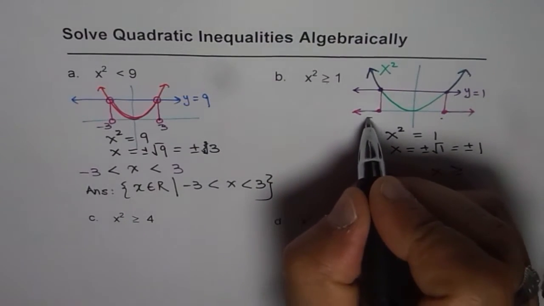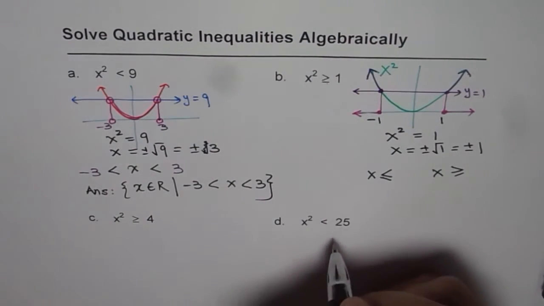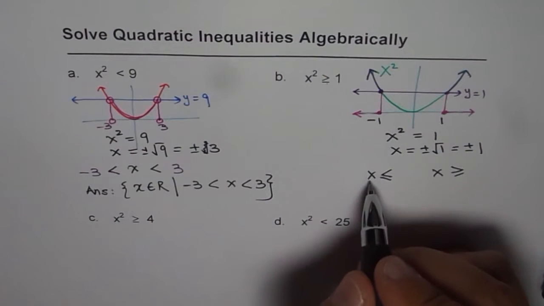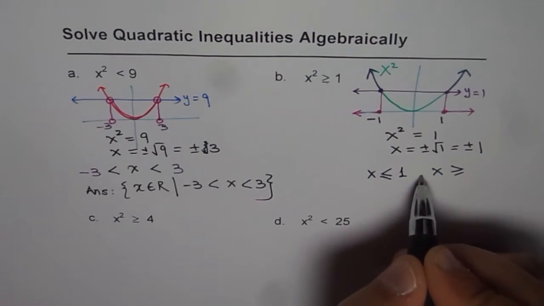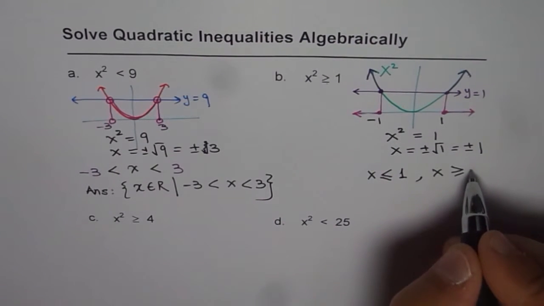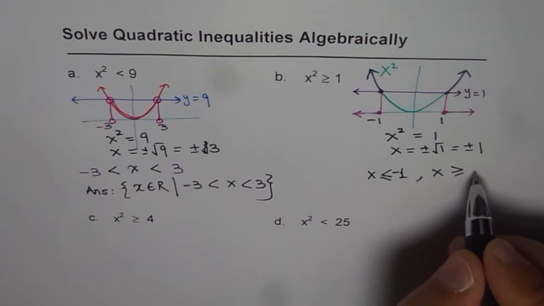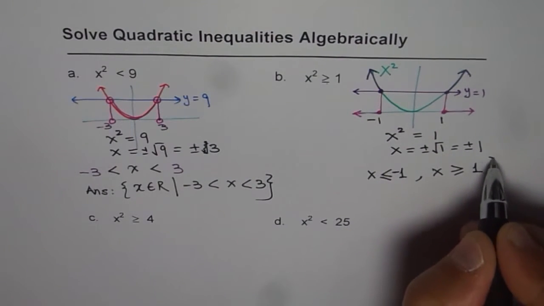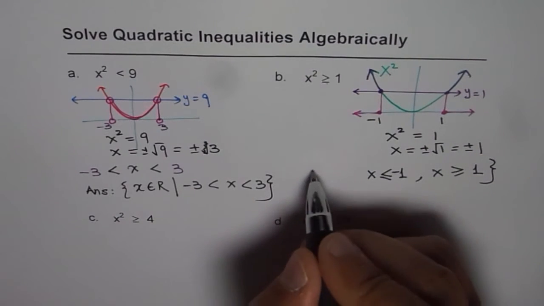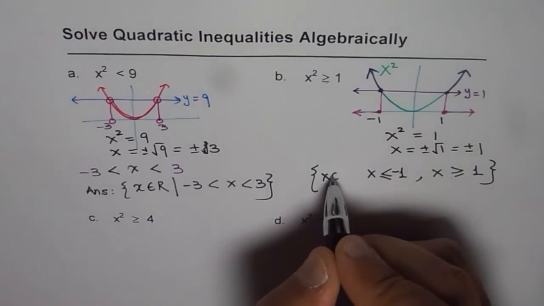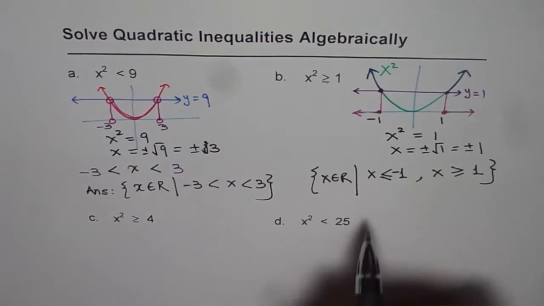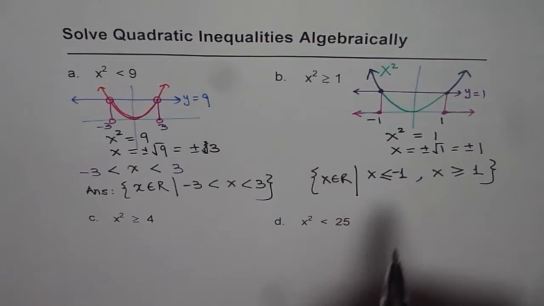So these points are -1 and +1. So we have the solution that x is less than or equal to -1 or x is greater than or equal to +1, right? So that is the condition, and we can write in set form that x belongs to real numbers such that x is less than or equal to -1 or greater than or equal to 1.